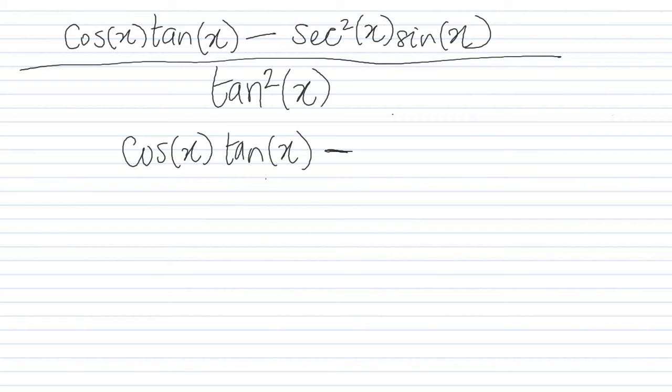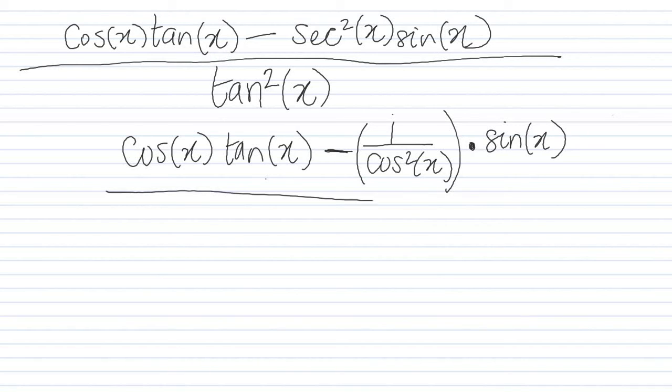So when we have secant x to be 1 over cosine, we have secant squared x to be 1 over cosine squared of x, right? All of that multiplied by sin x. So all of that information divided by tan squared of x. So we can now do it this way. We have 1 over cosine squared x multiplied by sin x.